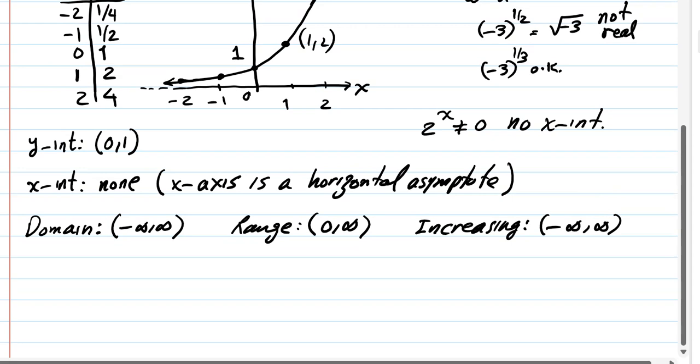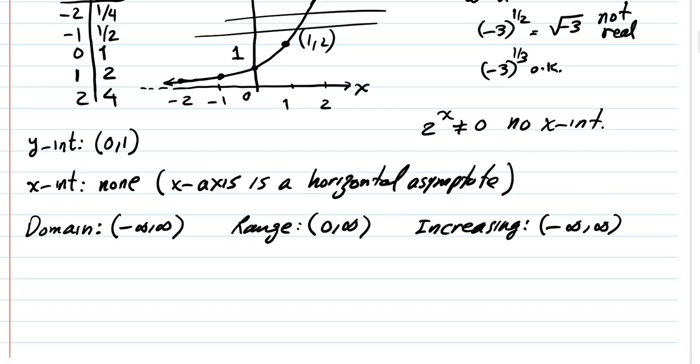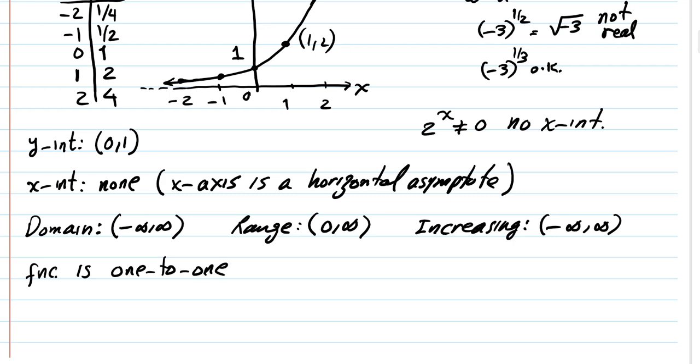And lastly, if you do the horizontal line test, it passes the horizontal line test. Which, remember, the implication of that in the previous section was that if the graph of a function passes the horizontal line test, that means the function is 1 to 1. And again, the direct implication of that is if a function is 1 to 1, therefore it has an inverse.